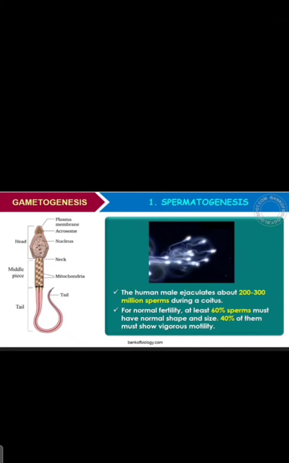For normal fertility, at least 60% of the sperms must have normal shape and size, and 40% must show vigorous motility.